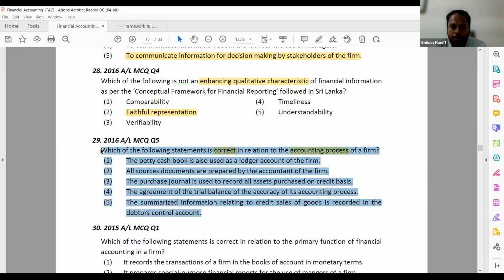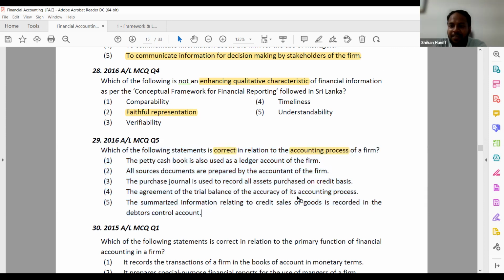What is the answer for 29? Correct. 29, I got the answer 1, 2, 3, 4, 5. I have all the answers. What is the correct answer? 29.